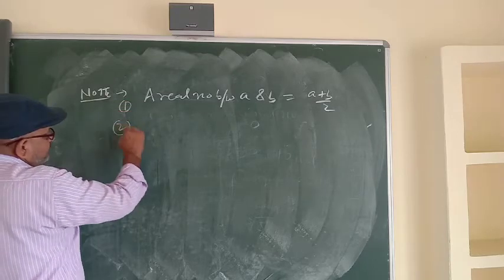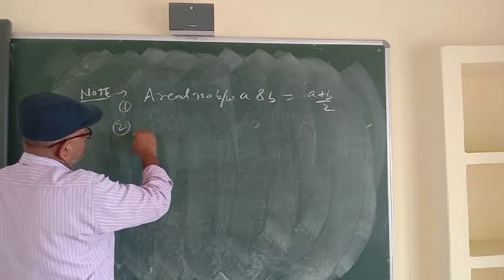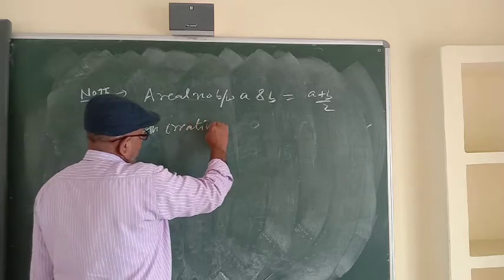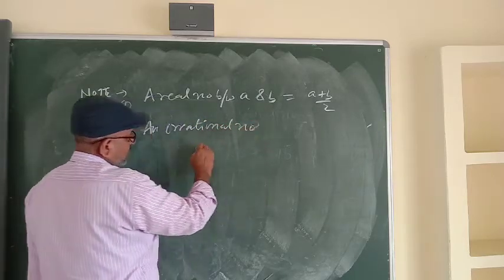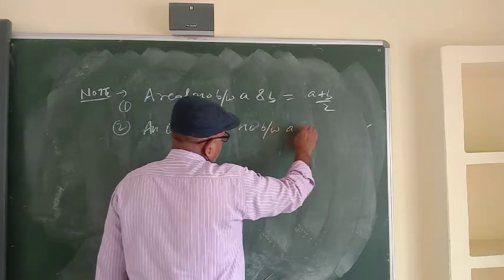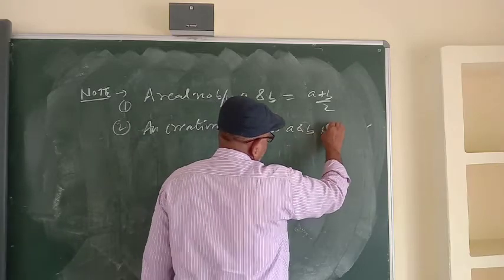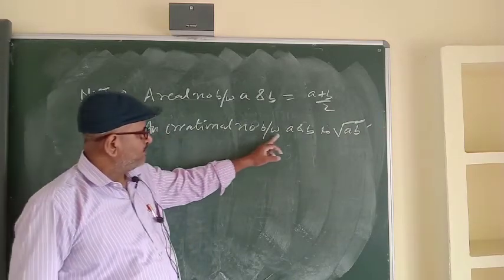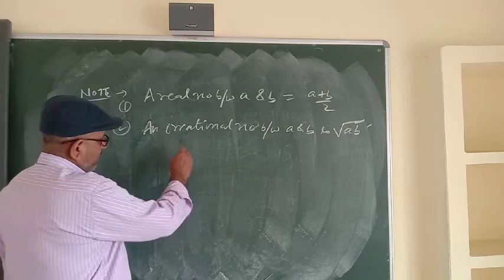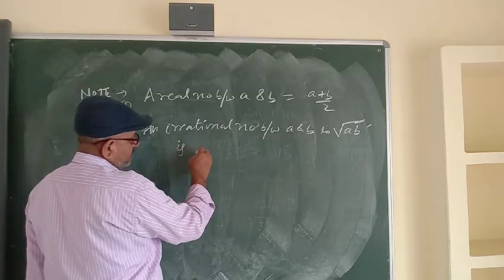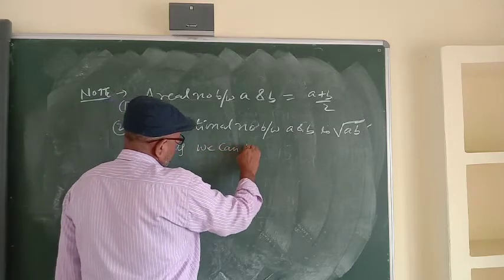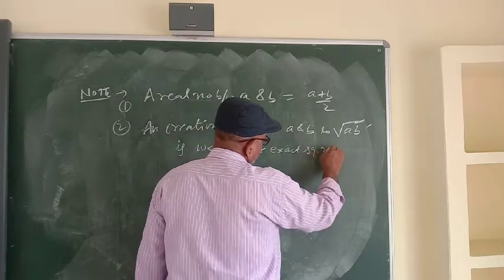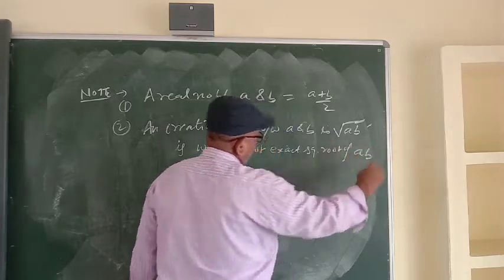And the next point: an irrational number between a and b is root ab, if we cannot take the exact square root of ab.